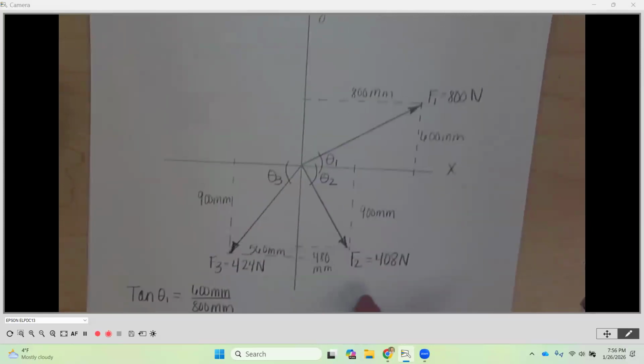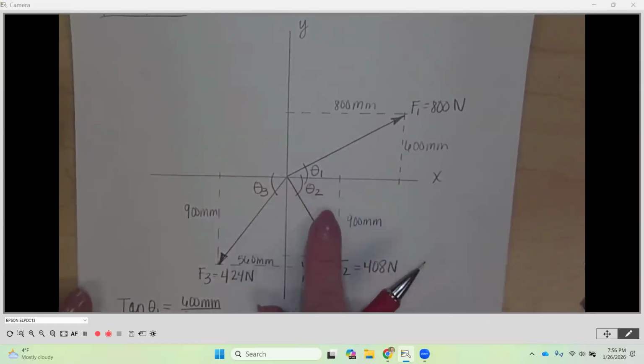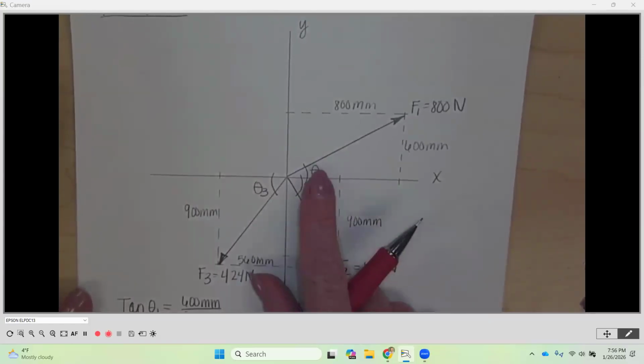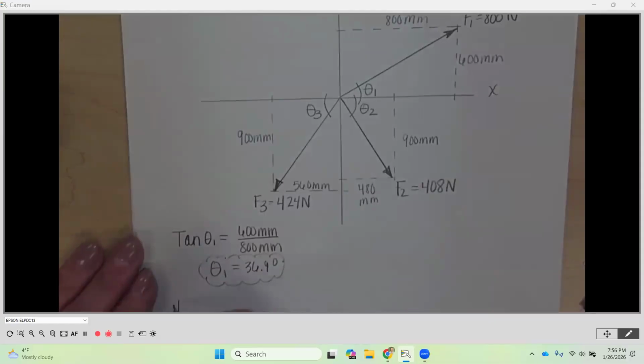Now we're going to do the same thing for theta 2. Where theta 2 is positioned, side opposite over adjacent, which is parallel to the 480. So side opposite, if we say tan theta 2, we're going to have the 900 millimeters divided by 480 millimeters.